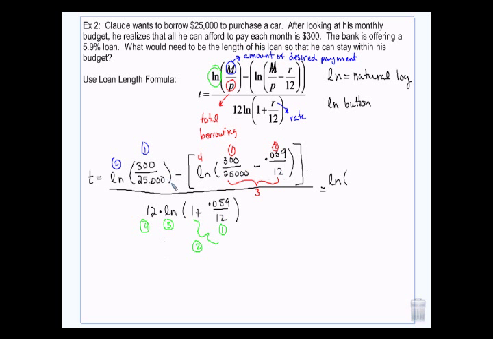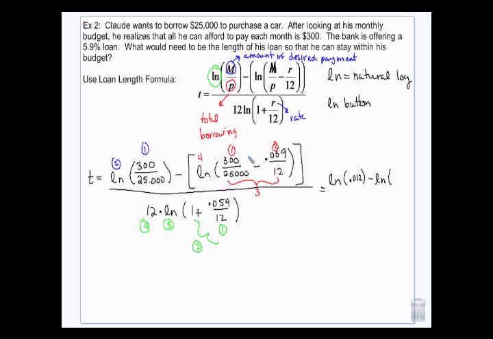So I have the natural log, so I'm going to do 300 divided by 25,000. And that's 0.012. Minus the natural log of all this. So that 300 divided by 25,000 I already did. So I'm going to do 0.059 divided by 12. And then I'm going to subtract them.